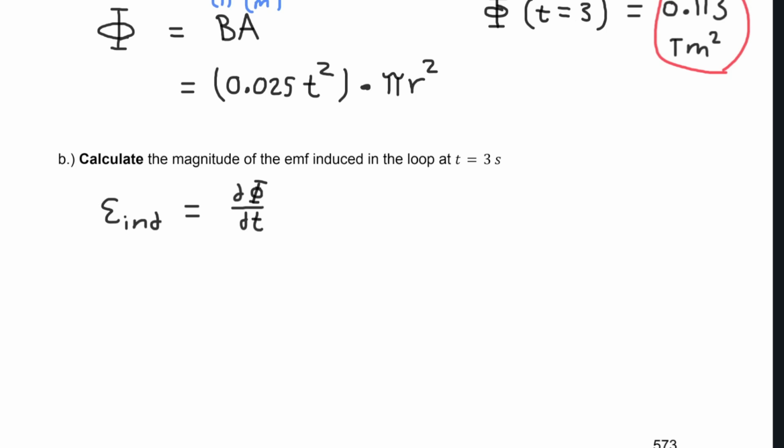The negative sign is just for Lenz's law. Now we'll take a derivative of the magnetic flux, which is the derivative of BA. And notice the area isn't changing, so we don't have to deal with any product rule. We're just taking the rate that the magnetic field changes and multiplying by the area.